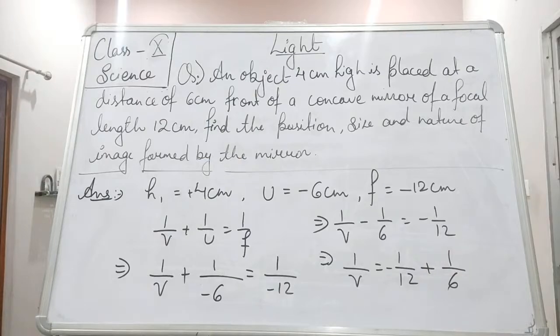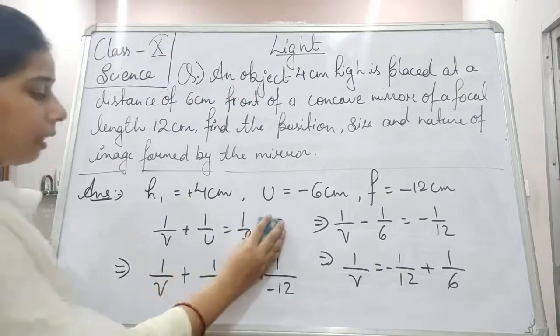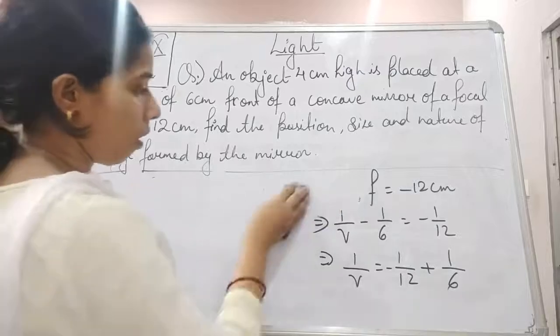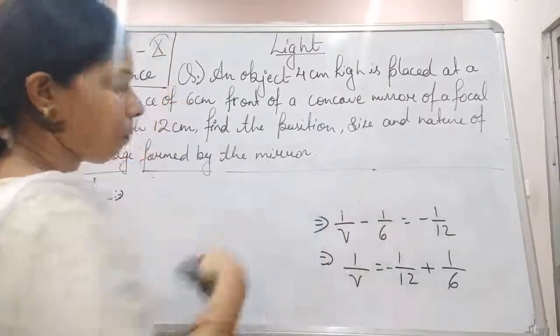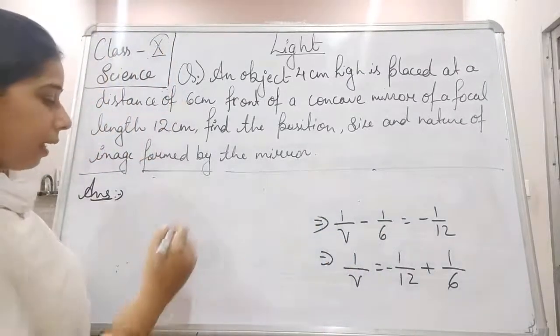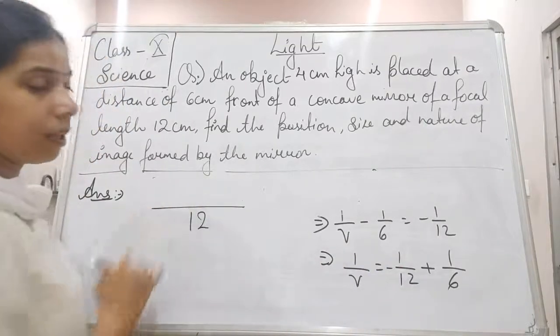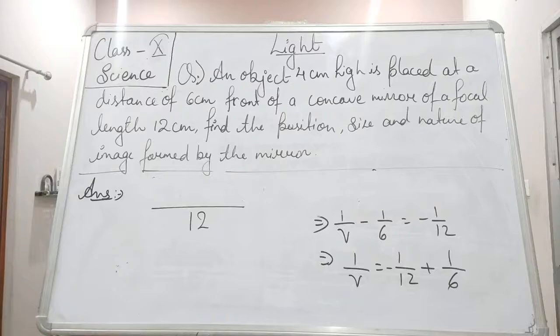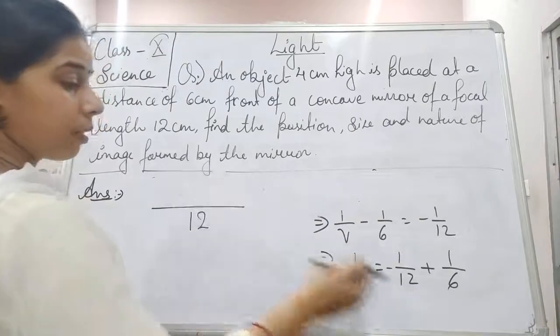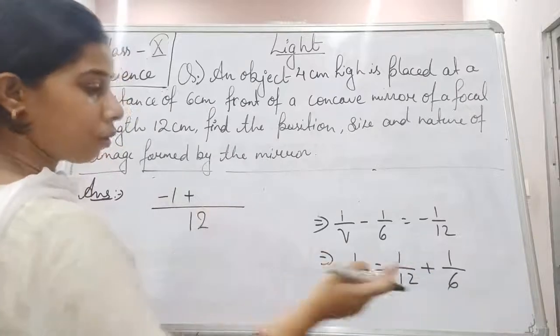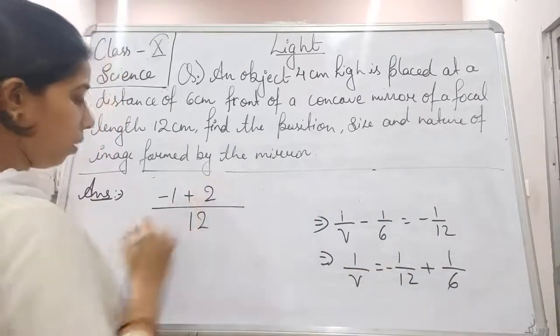Now you see here, students, we will take the LCM. Taking the LCM here, it will become 12, and this is minus 1, plus 6 divided by 12, which is plus 2.